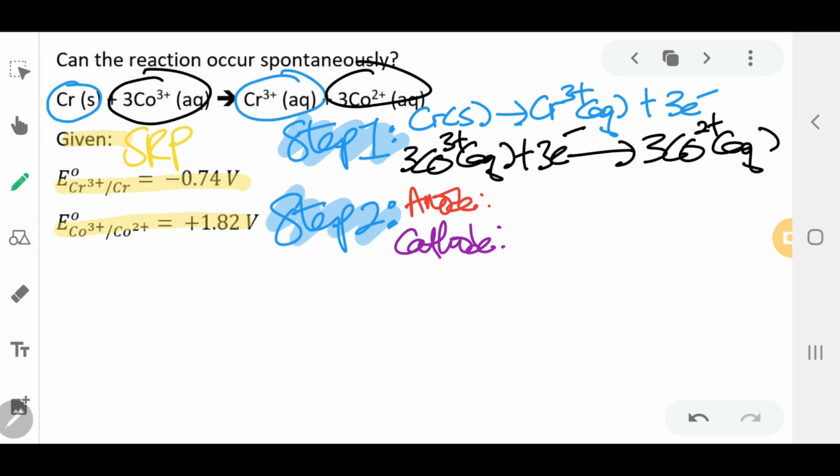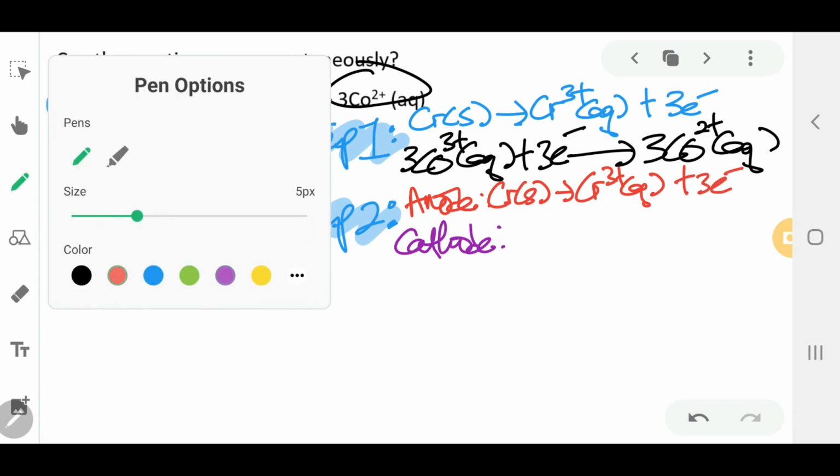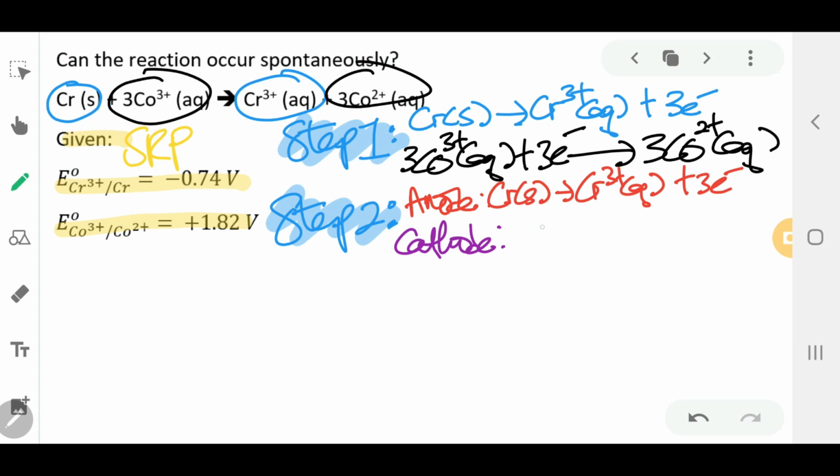So the anode would be your losing of electrons. So you have Cr solid, you have Cr3+ aqueous plus 3 electrons, and at the cathode you're going to have 3 Co3+ aqueous plus 3 moles of electrons, 3 Co2+ aqueous.